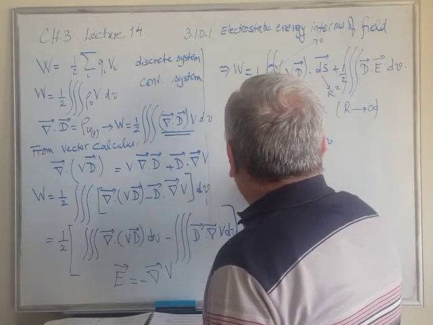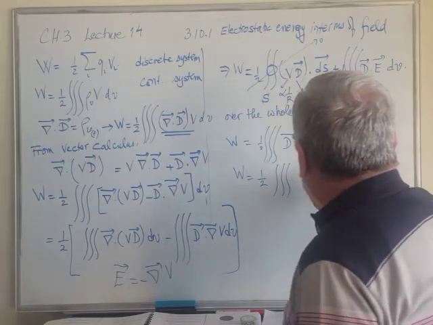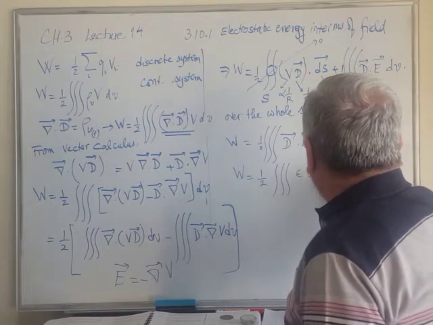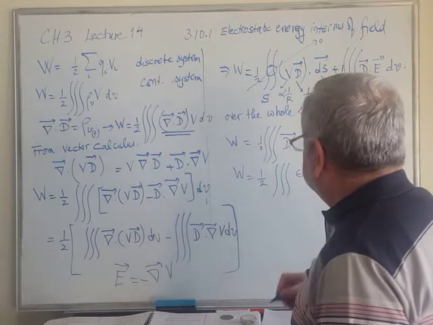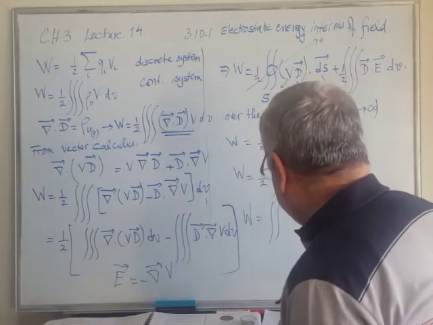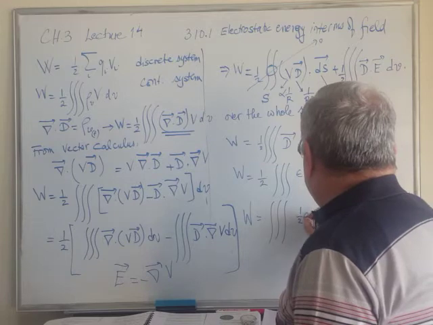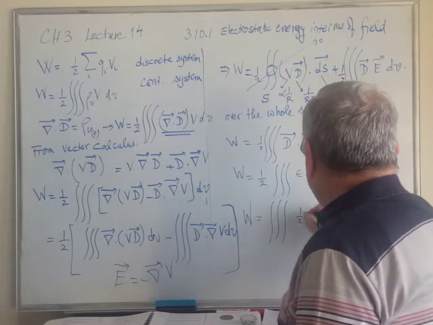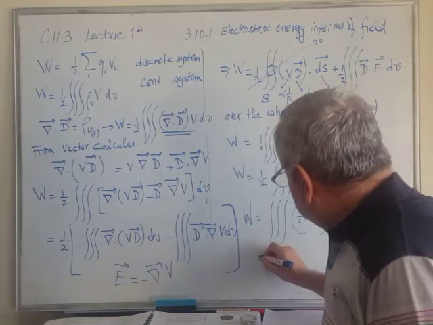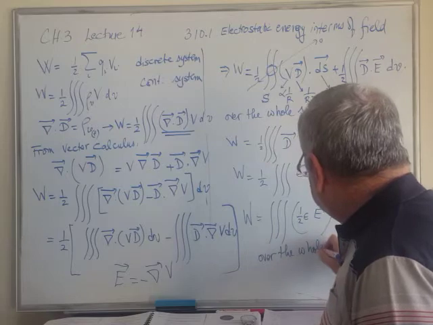So W, we can write this as the triple integral, D is epsilon E dot E. But you know that E dot E is E squared, so we can finally write this as W equals to what? The triple integral of half epsilon E squared dV. This is over the whole space.